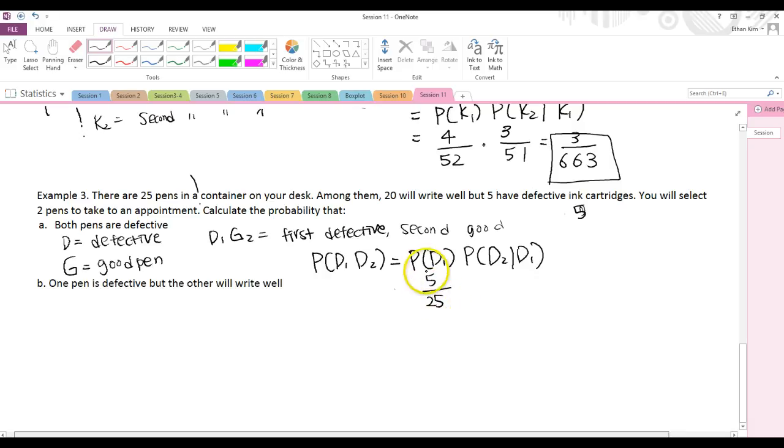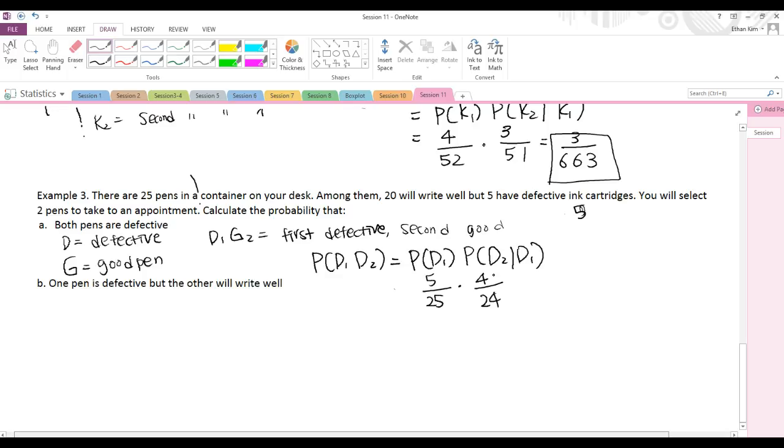and out of 25 pens in total. So this is the probability of the first being defective, right? And the second, given that the first was defective, what's the probability of the second one being defective as well? We chose one already, so this is going to be out of 24, and we already chose the first defective one, so there are 4 left.